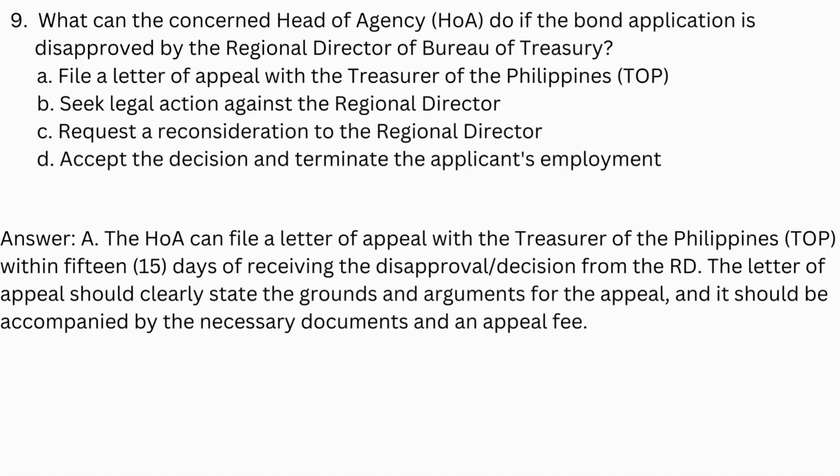Answer, letter A. The head of agency can file a letter of appeal with the Treasurer of the Philippines within 15 days of receiving the disapproval/decision from the Regional Director. The letter of appeal should clearly state the grounds and arguments for the appeal, and it should be accompanied by the necessary documents and an appeal fee.